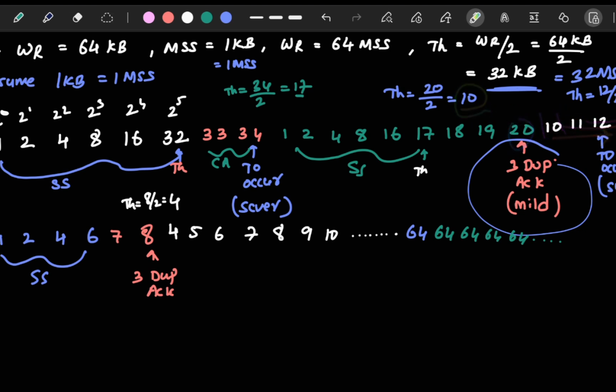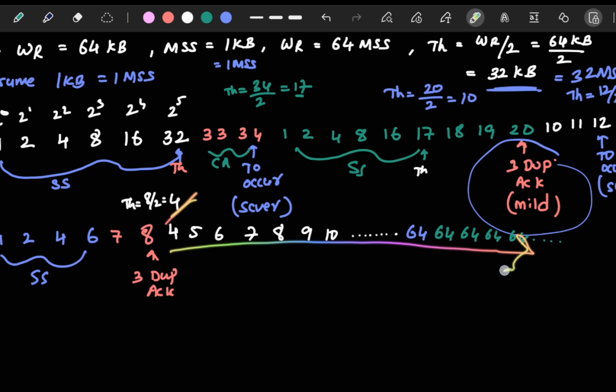Then again if a timeout occurs, it will get into the slow start phase and grow exponentially till the threshold. Now again when it gets 3 duplicate acknowledgements, it will calculate the threshold again and grow linearly till it reaches the full capacity of the receiver window size.